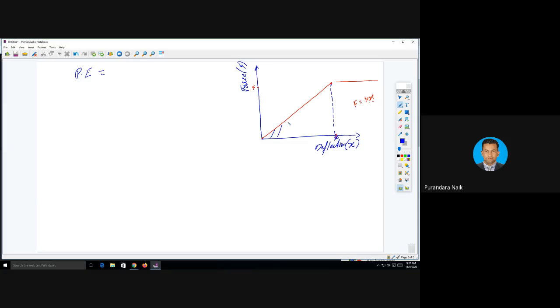And if you take the area under the curve, the potential energy is nothing but the area under the spring force versus deflection graph.